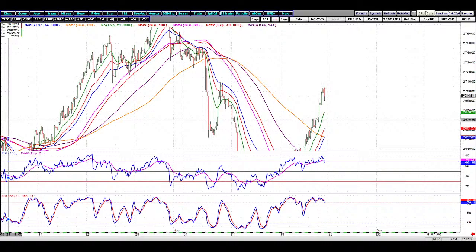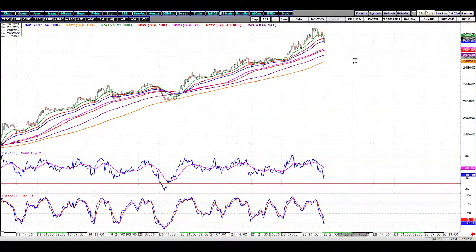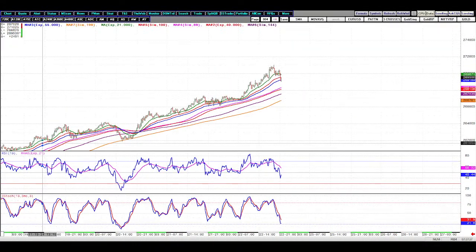Okay, so now we are seeing the price bounce back at 2695.